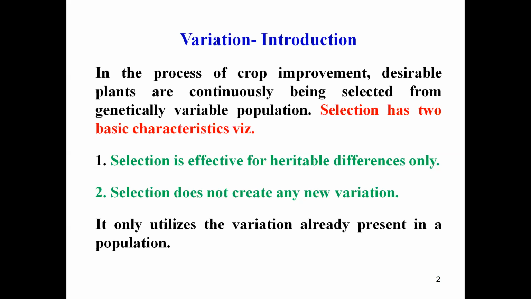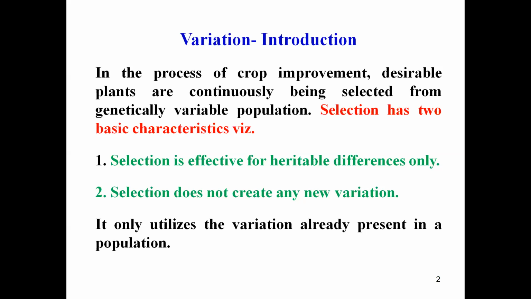In the process of crop improvement, desirable plants are continuously being selected from a genetically variable population. And selection has two basic characteristics. First, selection is effective for heritable differences only.